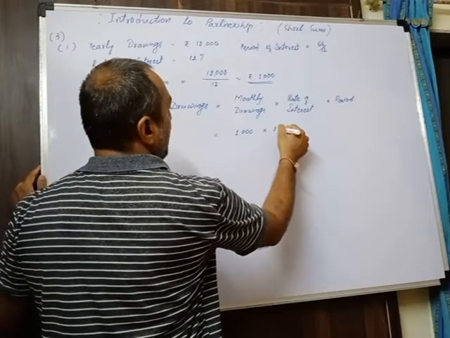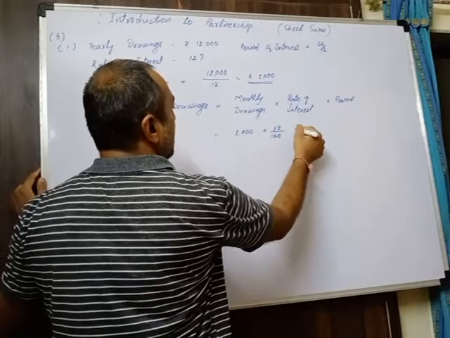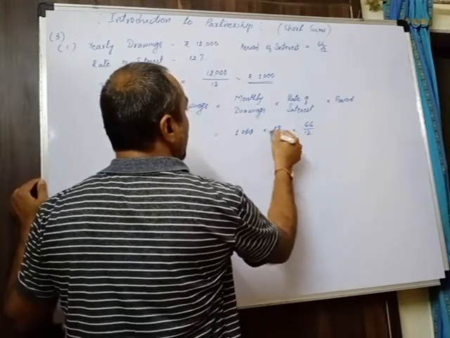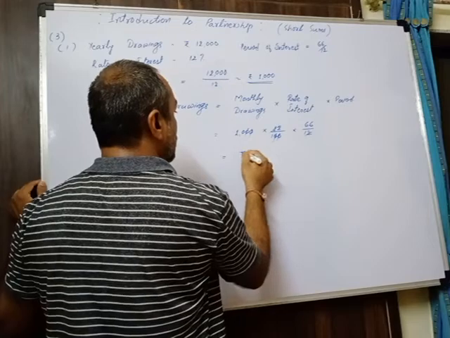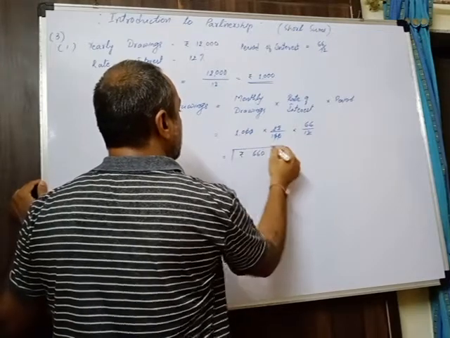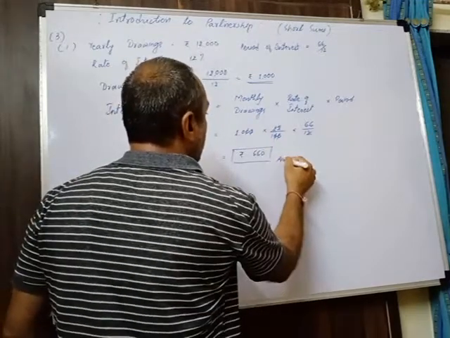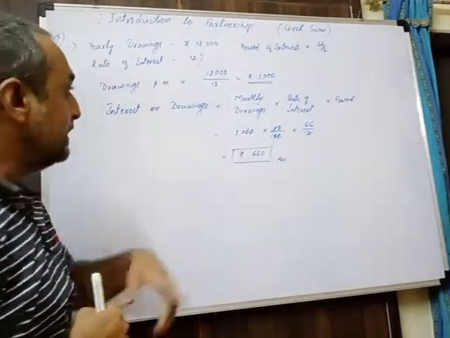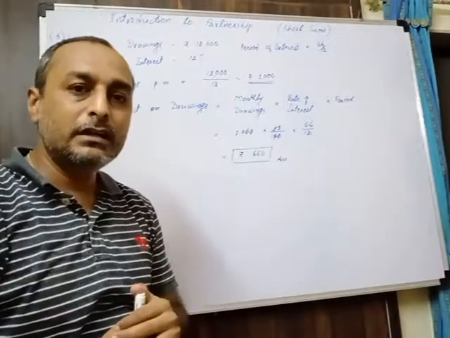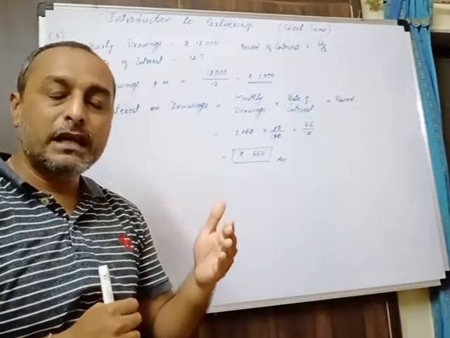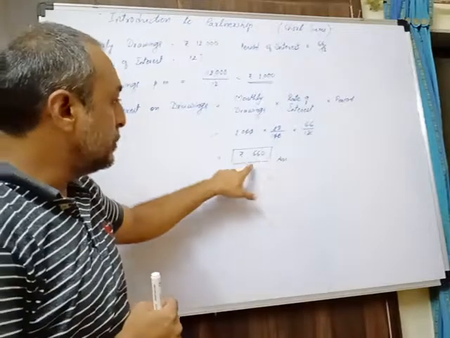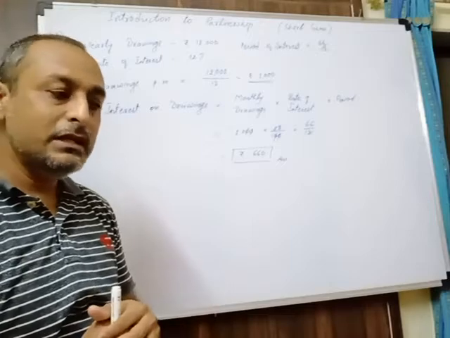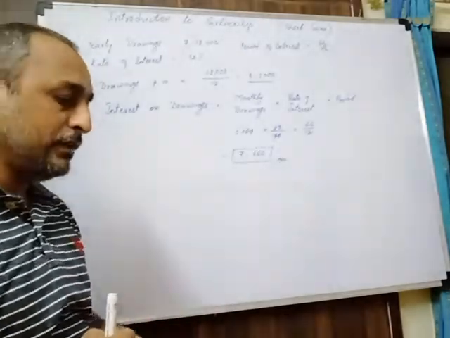Rate of interest is 12%, so you can write 12 by 100 into period 66 upon 12. So 0 and 0 is cancelled, 12 is cancelled, 66 into 10 rupees, 660. This is your answer, that the amount of interest for the whole year period will be 660. In such circumstance, when he is withdrawing the amount identical every month at the end of each month, okay, then the total interest for the whole year he has to pay 660. That is how the interest can be calculated. Okay, that is the first sum we have.